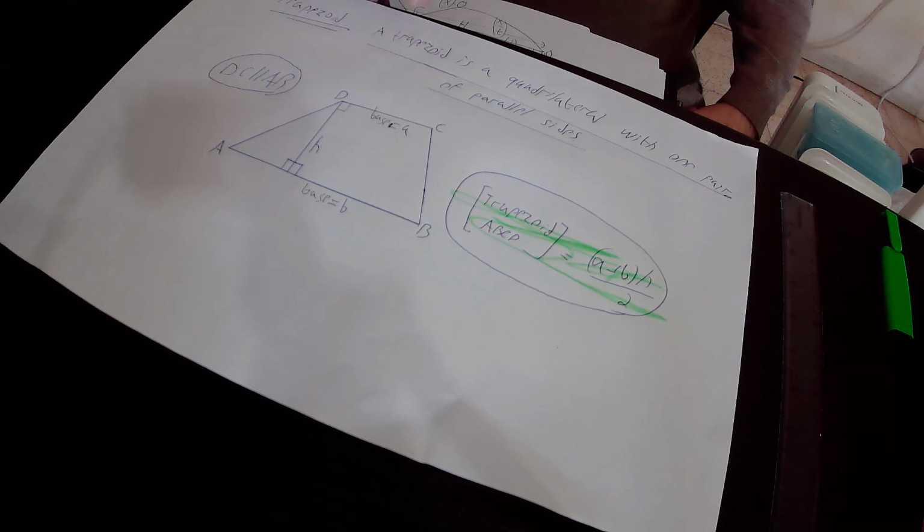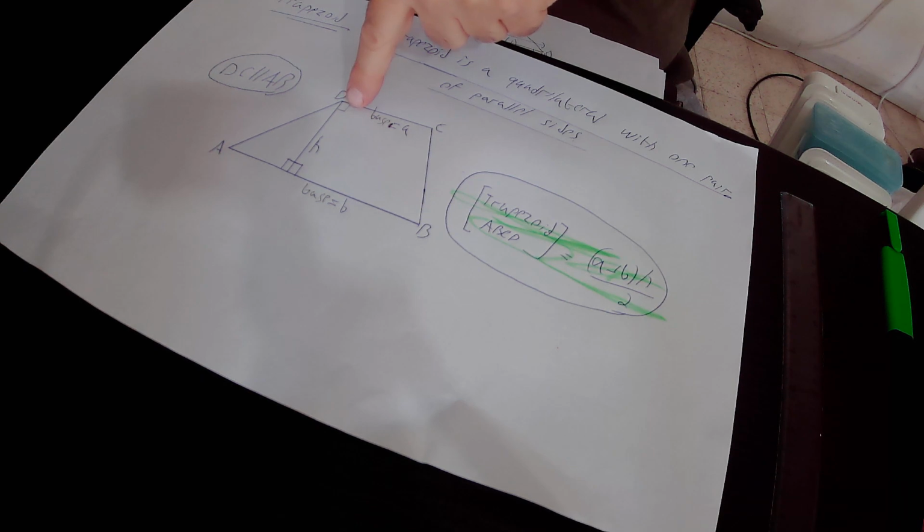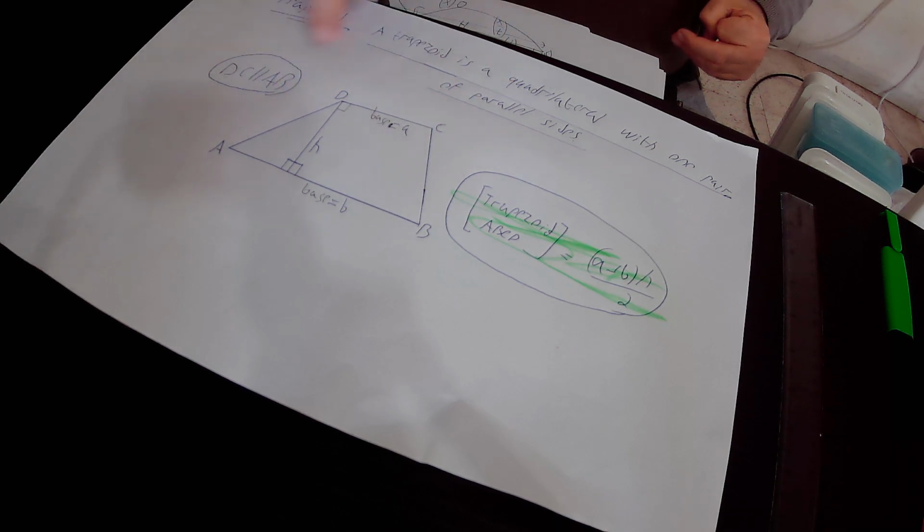The height h must create 90 degrees with the two bases. It is clear from the drawing that the height h creates 90 degrees with the base DC, this angle equals 90 degrees, and the height h also creates 90 degrees with the base AB. Why? Because this angle equals 90 degrees and this angle also equals 90 degrees. So in conclusion, a trapezoid is a quadrilateral with one pair of parallel sides. Here, side DC is parallel to side AB, and therefore quadrilateral ABCD is a trapezoid.